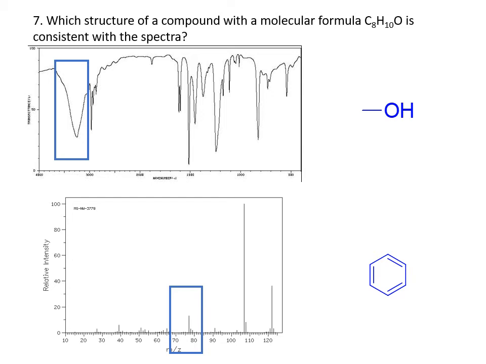Now, since formula is C8H10O, then we already have molecular formula, and there is not much use for molecular mass. There is not much more information from this spectrum. You can look at fragmentation pattern, but it's maybe better use of your time to look now at NMR spectra.